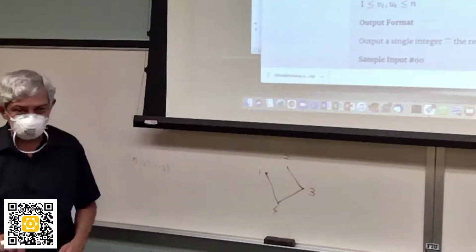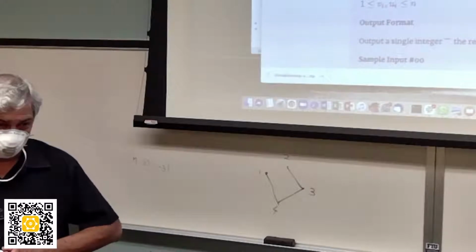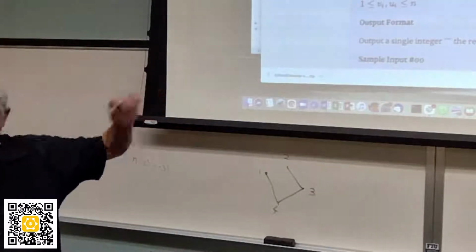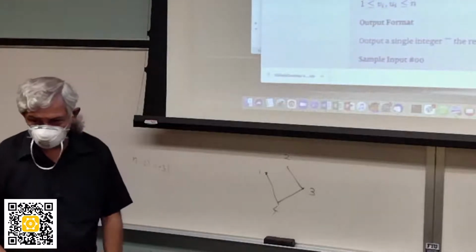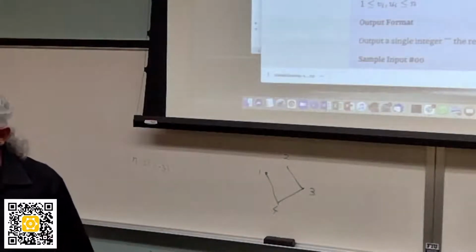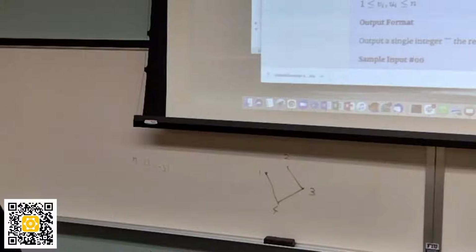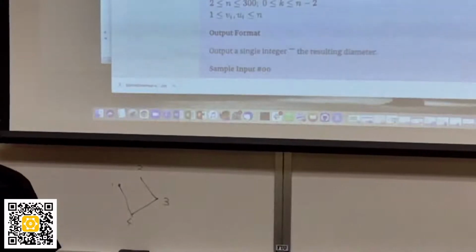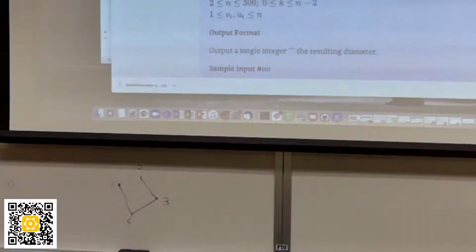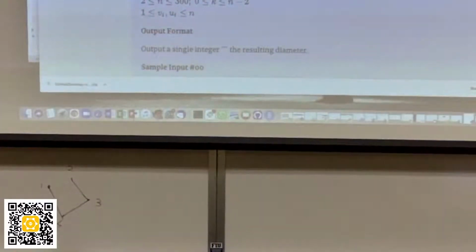Then you have to do this k times. So this is a very large number, especially when n is told to be 300, and k can be very large. So you have something like n to the power n over 2 kind of number. So brute force is not something you want to try, but at least you want to understand that this is possible, right? Okay, so brute force, out of the question.